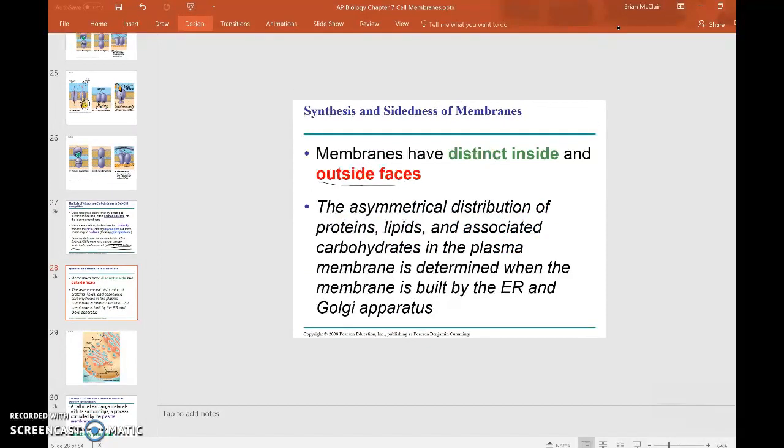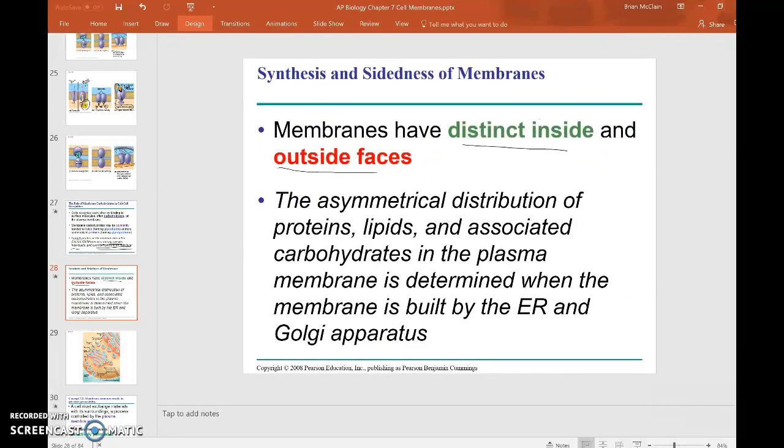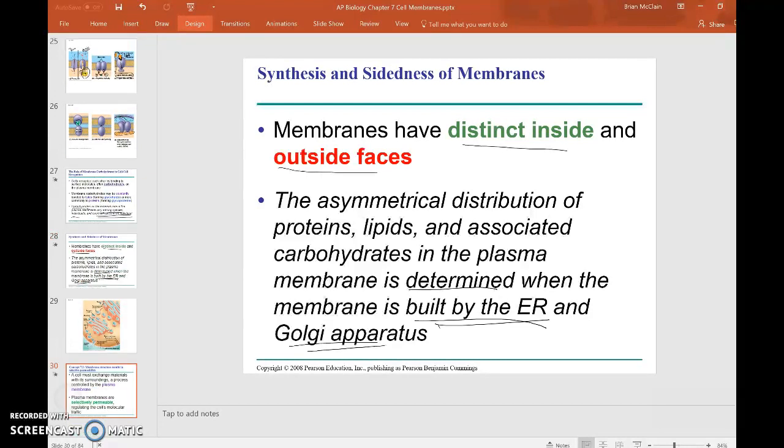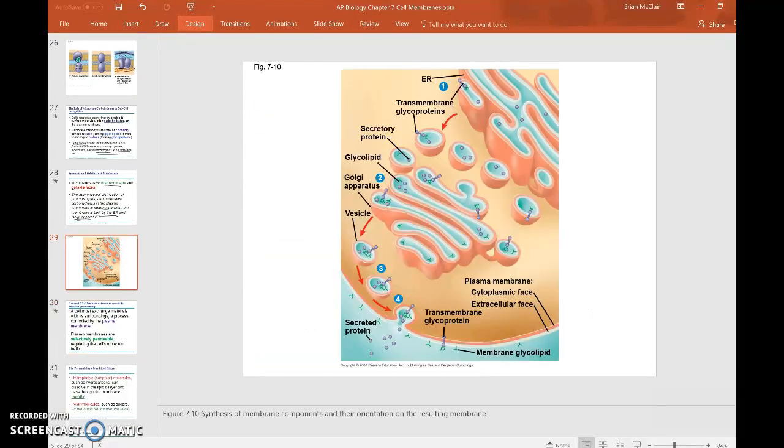And each of those faces have distinct characteristics, as I was kind of getting to earlier, and that's determined by how those proteins are assembled, both at the ER and at the Golgi, because as we recall, for this type of setup, these proteins were most likely manufactured on the rough ER.